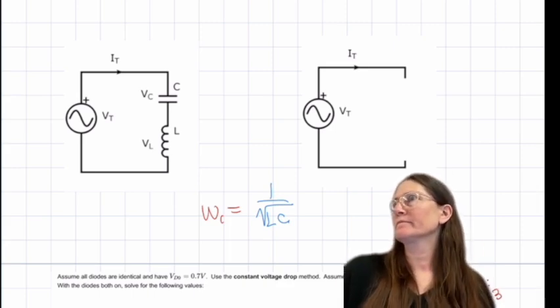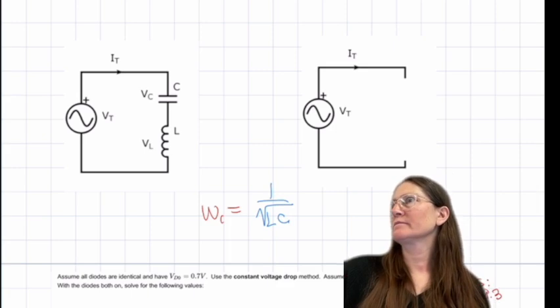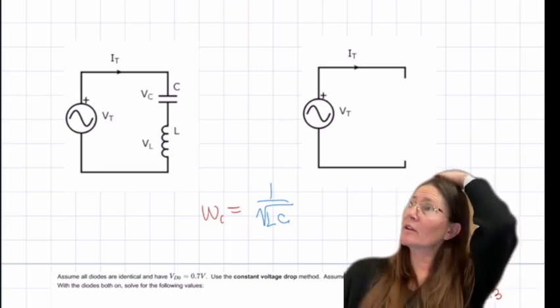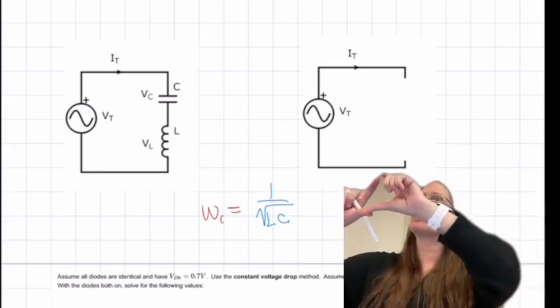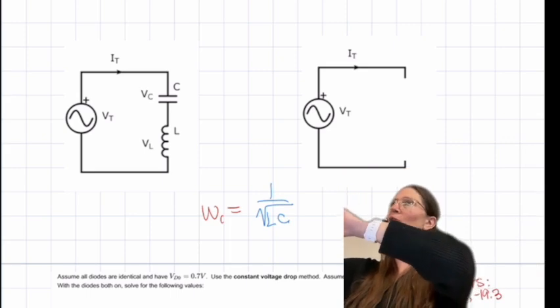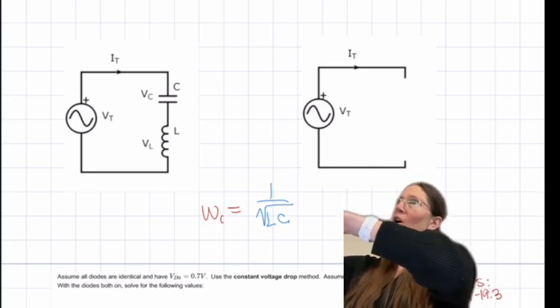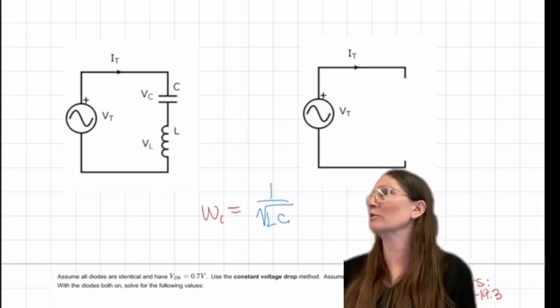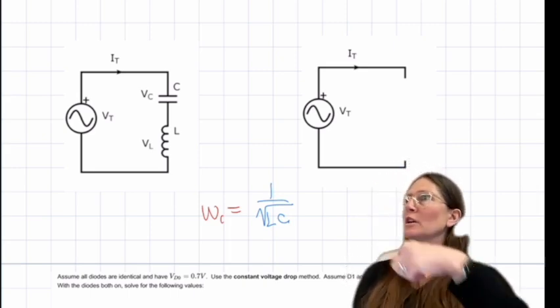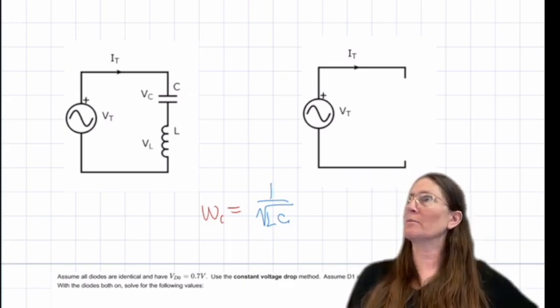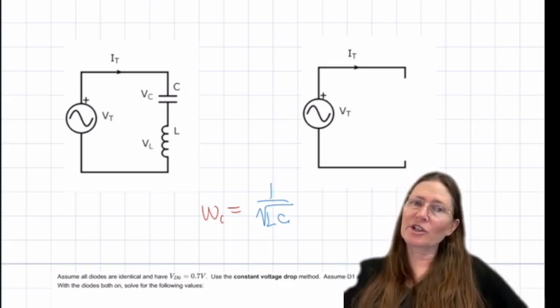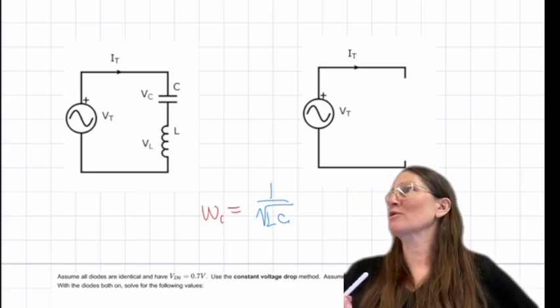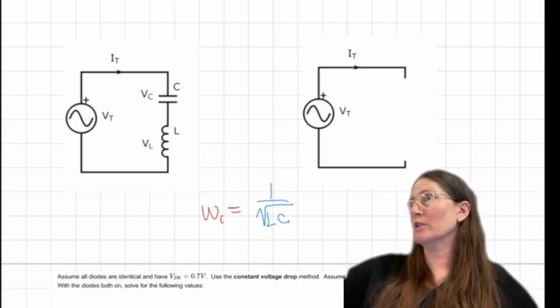And so that's what it's always going to be if it's in series? Yep. And the reason why is because remember when we were doing this, you were making it so that the components cancel each other out. So the L component cancels out the C component, so all you're left with is a real component. And that's when it gets to the peak on that one. So that derivation was that it just ends up being 1 over the square root of LC. So it's only when they're in series together.